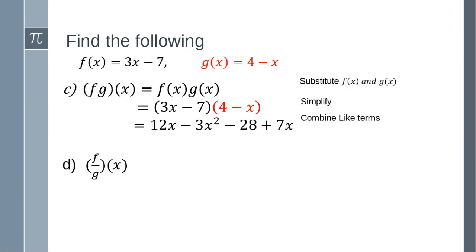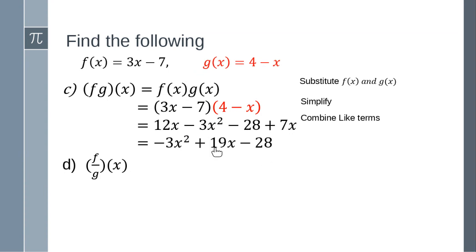So when we do that, 3x times 4 is a 12x. 3x times a minus x is a minus 3x squared. Minus 7 times a positive 4 is a minus 28. A negative 7 with a negative x is a positive 7x. We combine our like terms. Well, there's nothing to combine, so you can leave the answer there. But we always like to have it in standard notation, which is our highest exponent variable first.